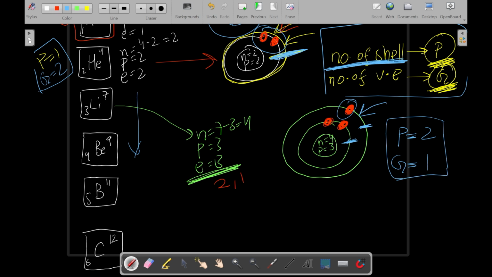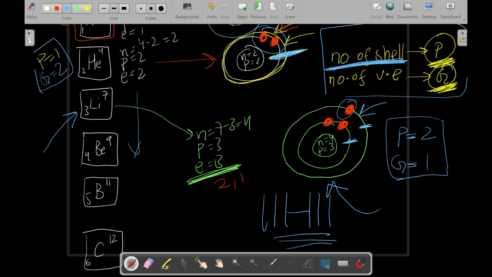And by looking at the atomic structure, you can find out the place of this element in the periodic table. This is what I wanted you to understand. This is applicable for lithium, and it is applicable up to the first 20 elements, and you can clearly see that this is getting followed.